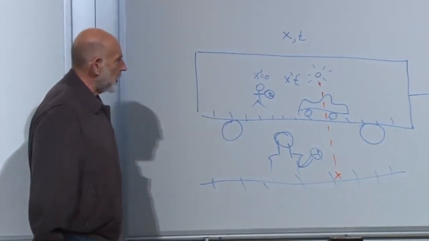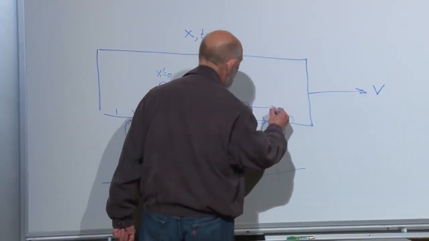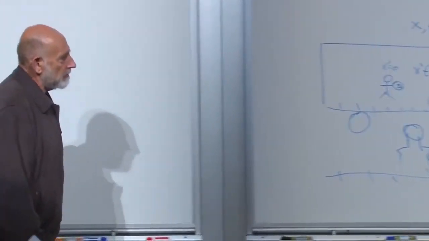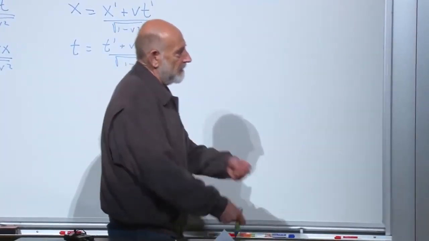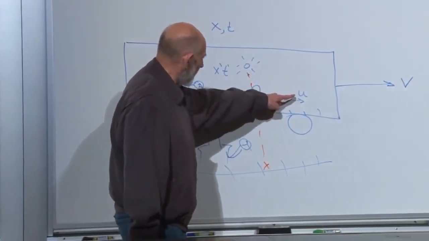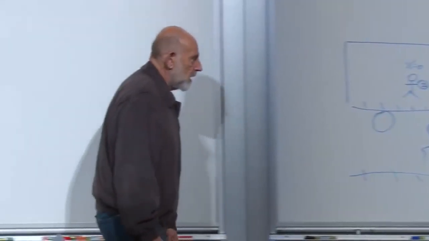Let's call him the passenger. He's moving relative to the passenger with velocity u. The passenger sees the little kid in the kiddie car pedaling down the aisle of the train with velocity u relative to himself.